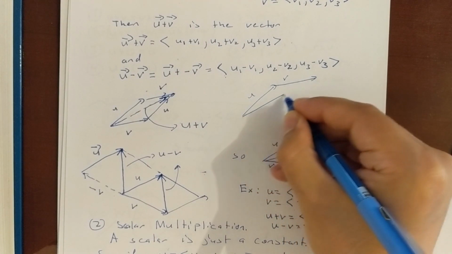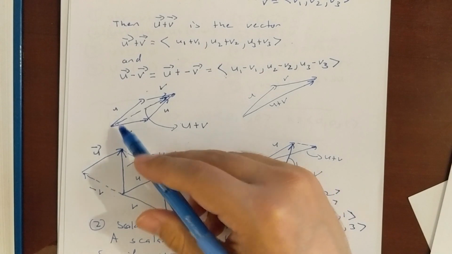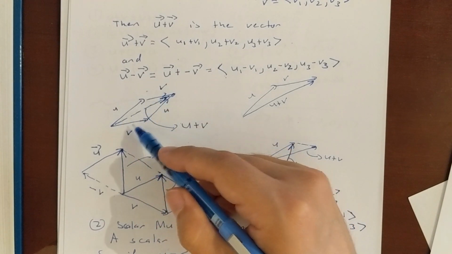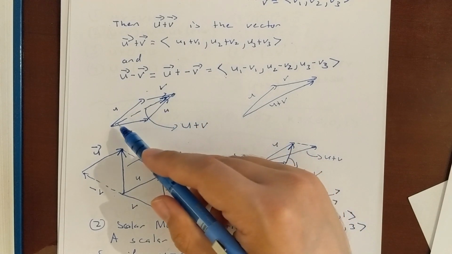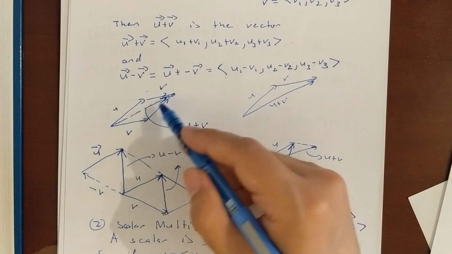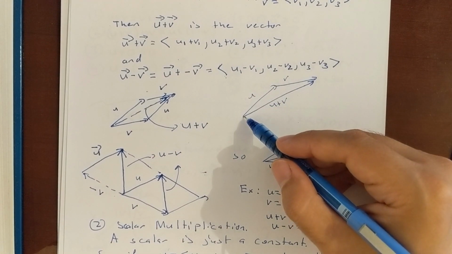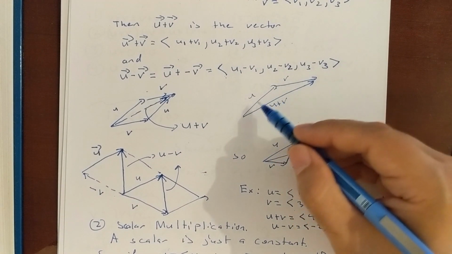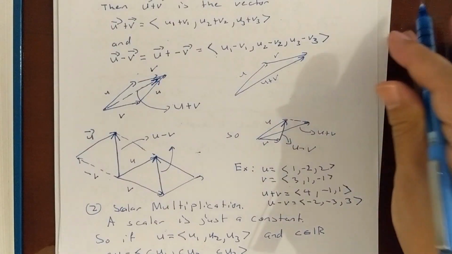Then u plus v is going to be this vector here. Now this is symmetric. If you draw this v and this v, this is going to be u also. So this is actually a parallelogram. This diagonal over here would be just u plus v. Basically, what it means is you add the tail of one vector to the head of the other to get the sum of two vectors. Okay, that's just the sum.